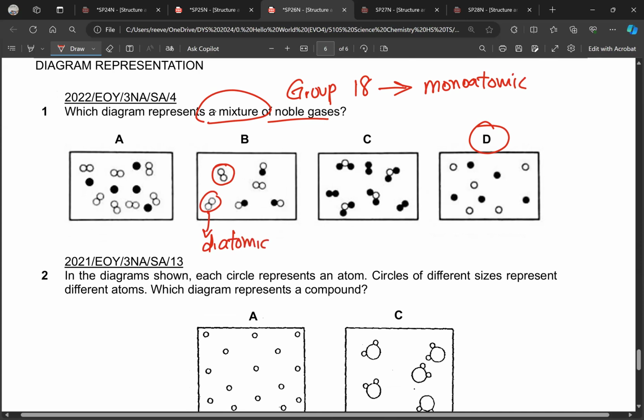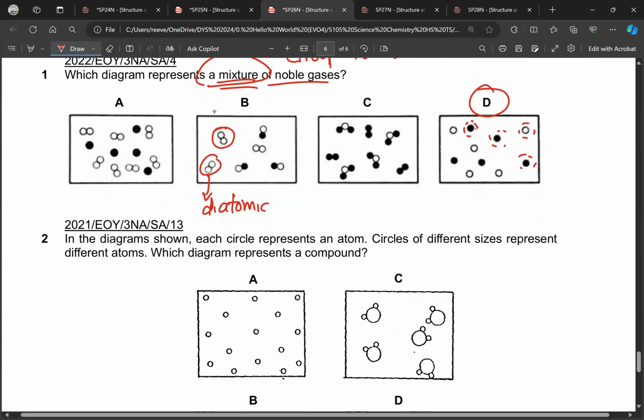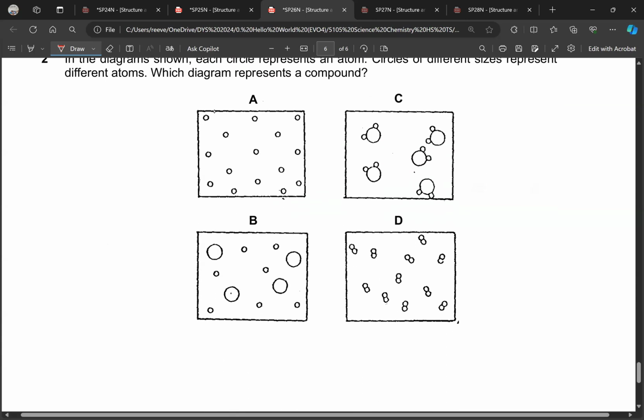Triatomic, I think you know what it means. Monoatomic means only one. And it's a mixture, so I must have one here, or one, but different. It's a mixture: one white and one black. So mixture.